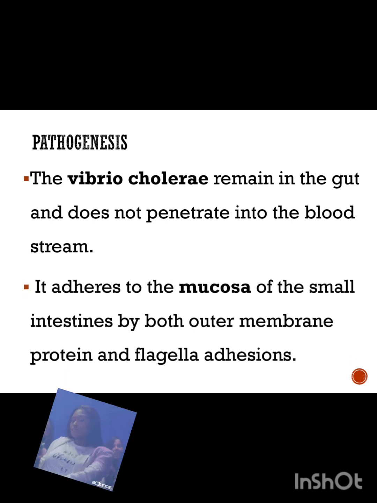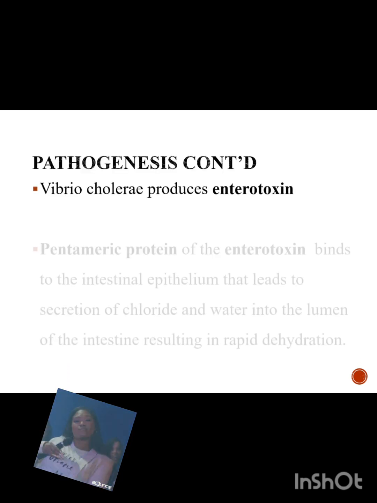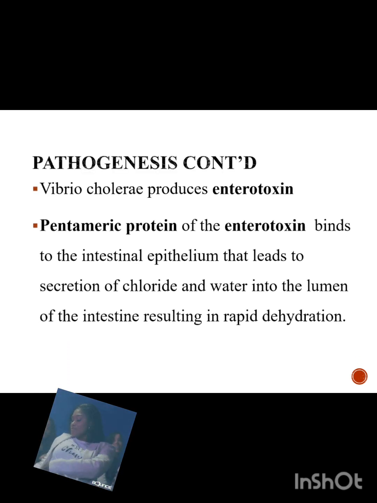When it adheres to the mucosa in the small intestines, it starts secreting toxins. The Vibrio cholerae produces enterotoxins. These toxins bind to the intestinal lumen, which leads to secretion of chloride and water into the lumen. So it will cause sodium and water secretion from the body into the intestines, resulting in fluid accumulation.